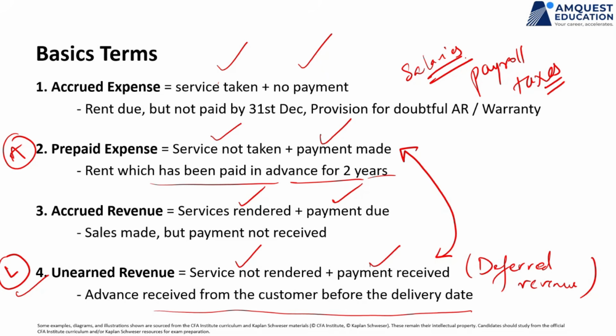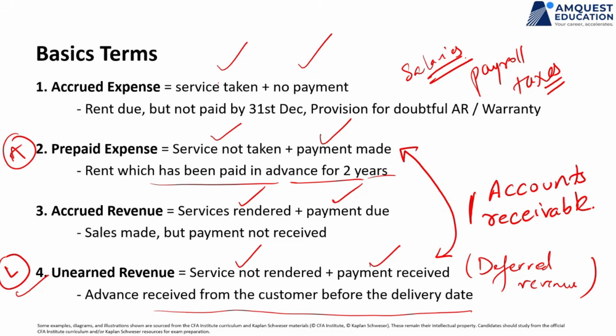Now, the point is, in accrued revenue, the services have been rendered, which means revenue has been earned. If you have serviced, your revenue has been earned. But what is the key difference between accrued revenue and another term called accounts receivable? You might have heard about accounts receivable.